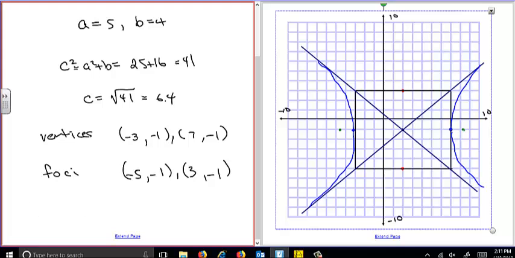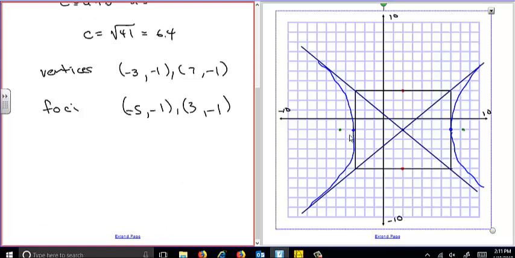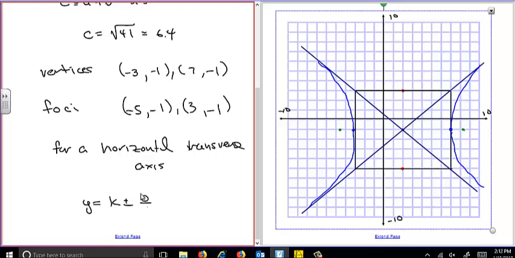And then finally the asymptotes. Again, we look at the equation for a horizontal transverse axis. For a horizontal transverse axis, the equation is y equals k plus or minus b over a times x minus h.